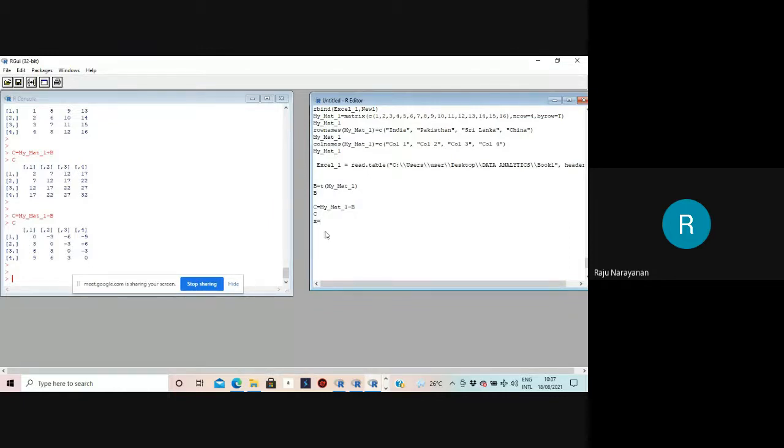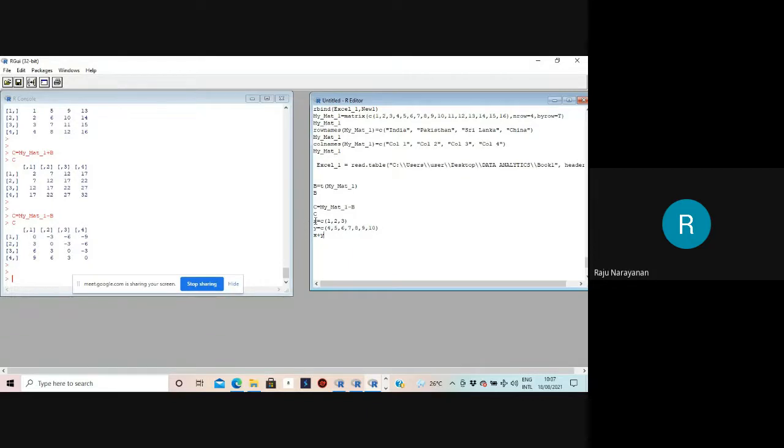That is, x is equal to C bracket 1, 2, 3 and y is equal to C bracket 4, 5, 6, 7, 8, 9, and it will add x plus y. That's a problem. It will not give any error message. It will give 1 plus 4, 2 plus 5, 3 plus 6, again 1 plus 7, 2 plus 8, 3 plus 9 and 1 plus 10.